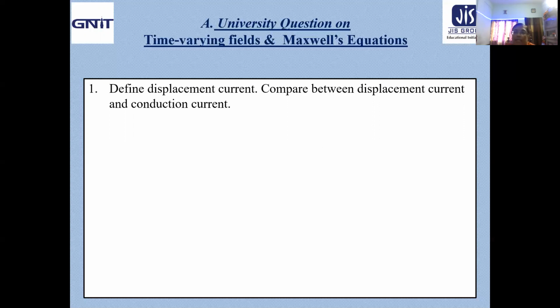It only arises if there is a time variation of the electric field. That means displacement current can arise in vacuum, provided there is a time rate of variation of electric field. But conduction current only arises inside a good conductor.